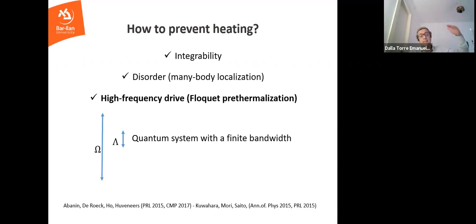When you pump it very fast, it means that in order to absorb some energy from the drive, you need to absorb a photon of the drive, right? It's quantum mechanics. There is a quantum of energy, and that quantum of energy is very large because the driving frequency is large. So this would be h bar omega. It is very large compared to the typical energy scale of the system.